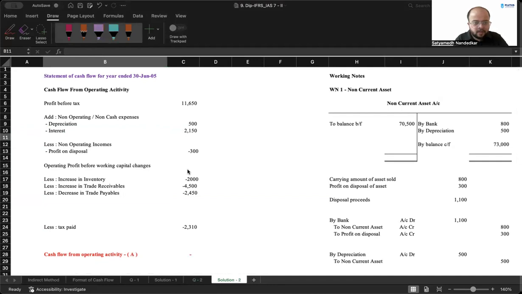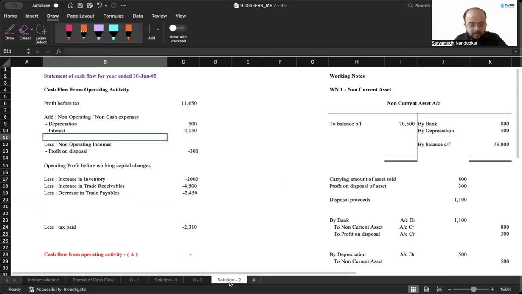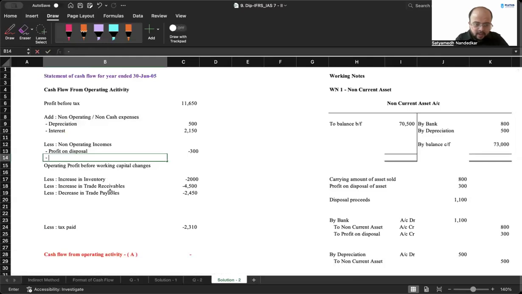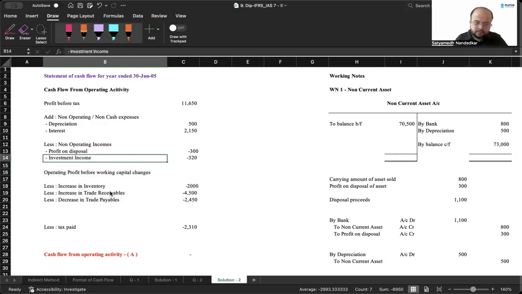Then investment income 320. Investment income is a non-operating income. Subtract non-operating incomes. Investment income 320. Okay, so that is also posted.